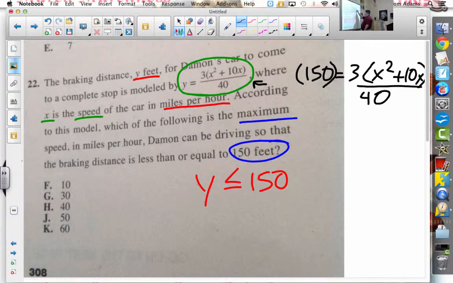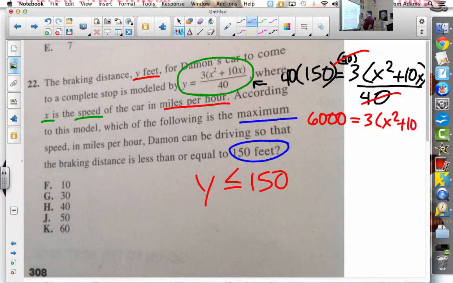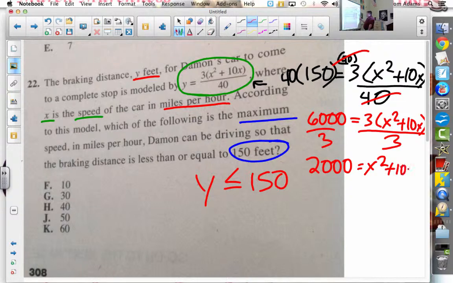If I multiply both sides by 40, this cancels with this, and 40 times 150 is 6,000. So 6,000 is equal to 3 times x squared plus 10x. Then I divide both sides by 3, so I get 2,000 is equal to x squared plus 10x.